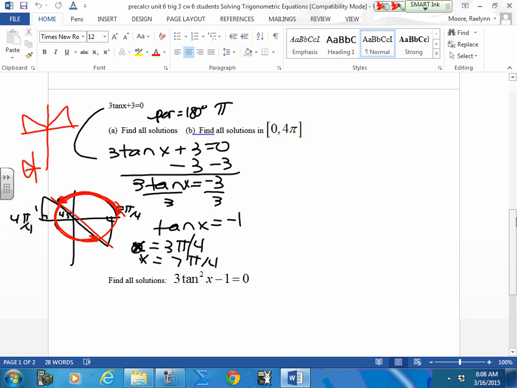So if I take my first one and I add n pi, that's a little bit of a shortcut. I could take the first one and add 2 pi, I could take the second one and add 2 pi. But because I'm completely opposite, 180 opposite, I can add n pi, n pi, n pi, and get there.